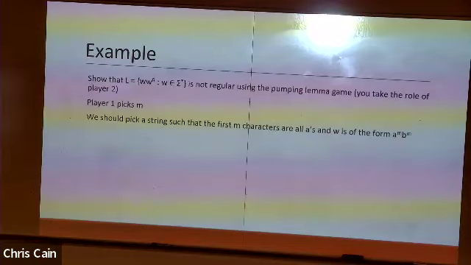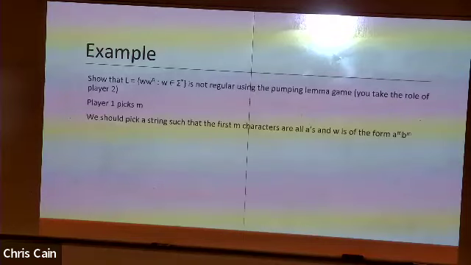Right, because there were two constraints for player one. They now need to pick a substring of this, starting at the start of the string, such that the length of XY is less than or equal to M, which means that all of these characters that they pick for the part of this has to be A's.